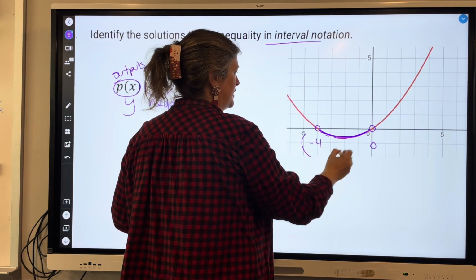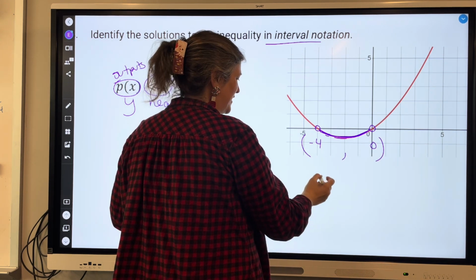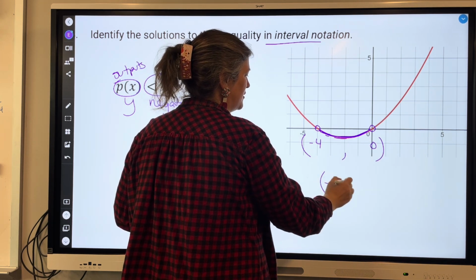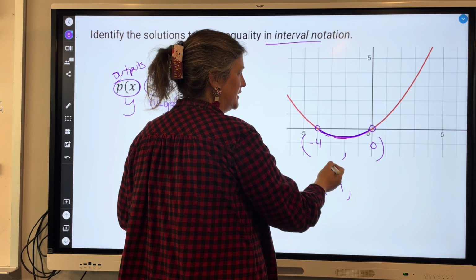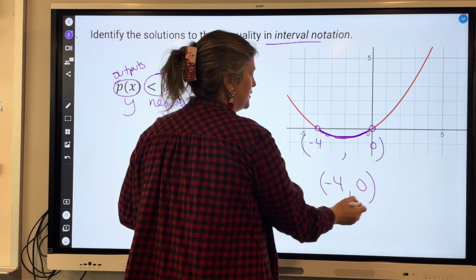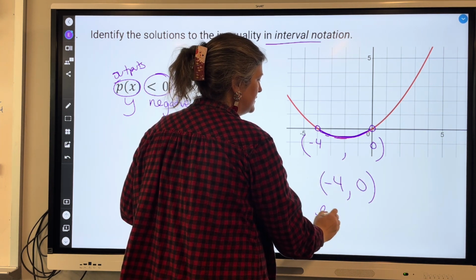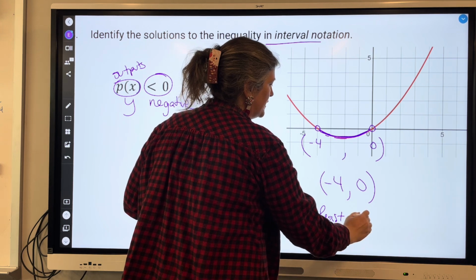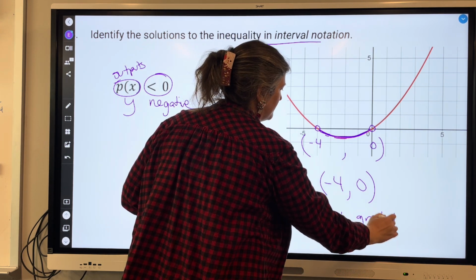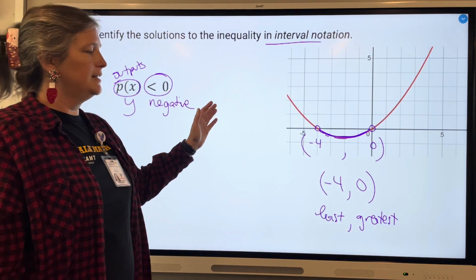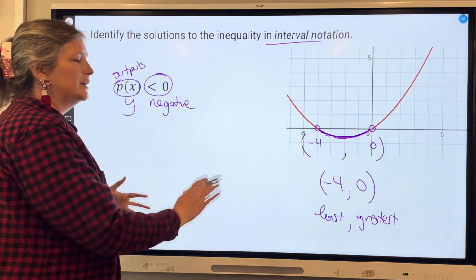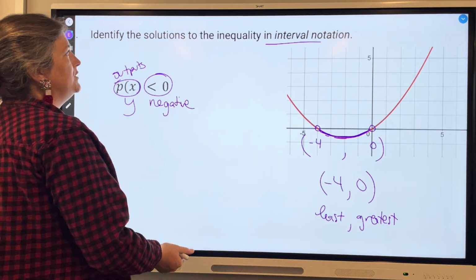Great. Here's my interval notation. My interval notation is literally start at negative 4, but don't include it, and stop at 0, but do include it. Always least to greatest. Lowest to highest, leftist to rightist, whatever you want, but least to greatest. That's the way we do interval notation.